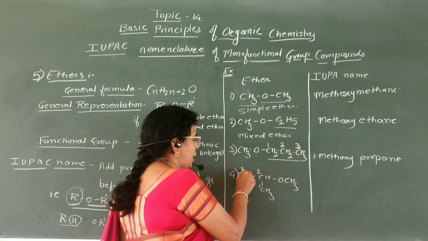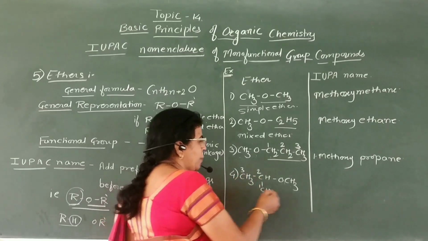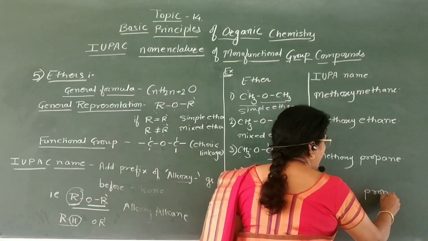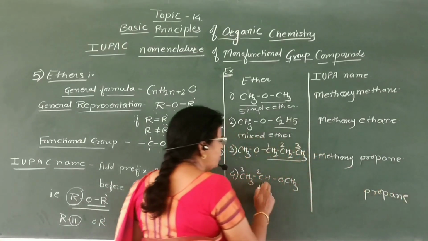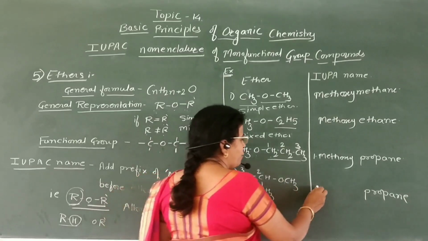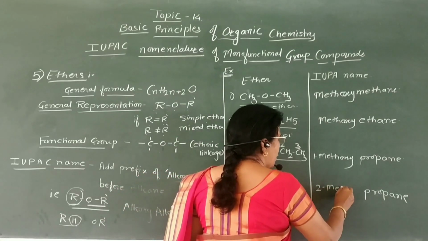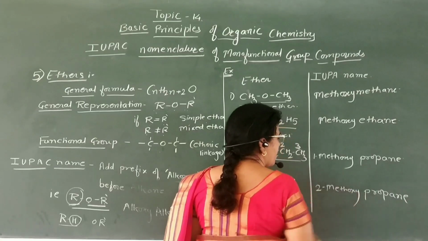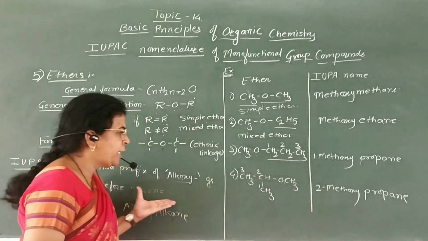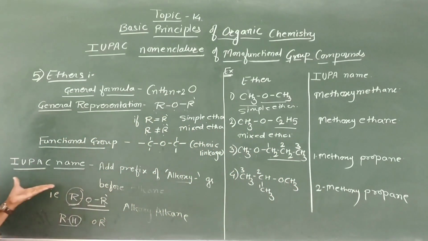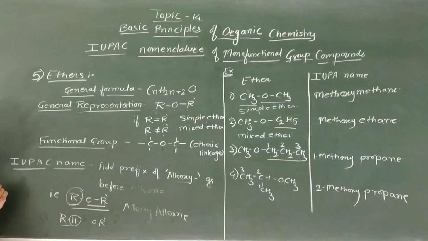Therefore the parent alkane is propane, but at position 2 there is an OCH3 group. Therefore it becomes 2-methoxypropane. In this way you can give the IUPAC names for ethers.